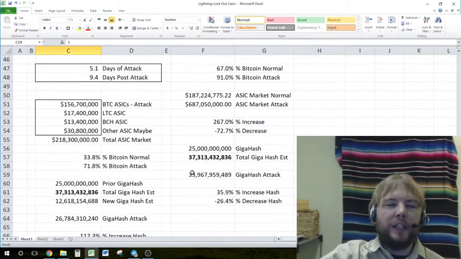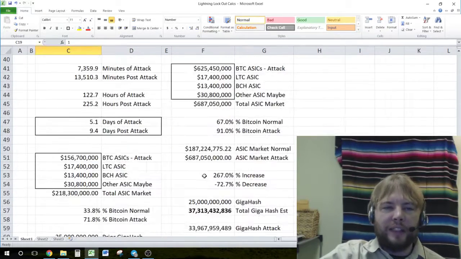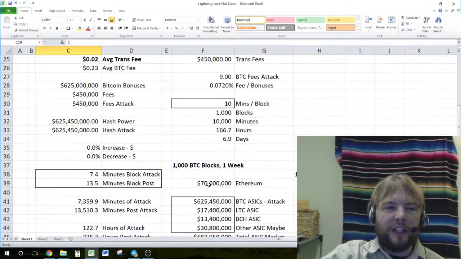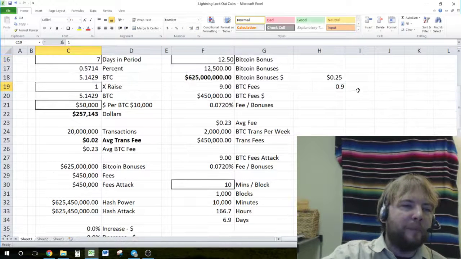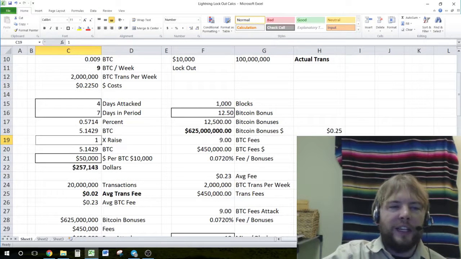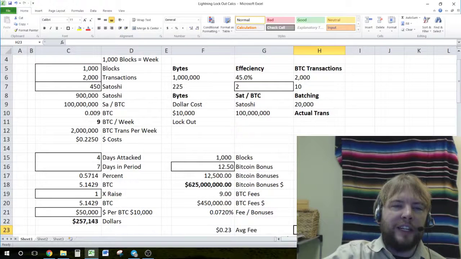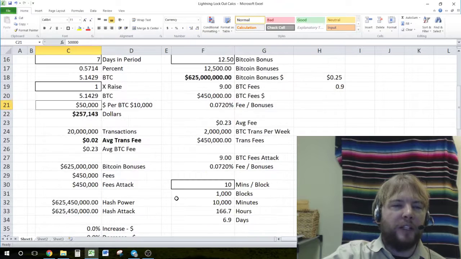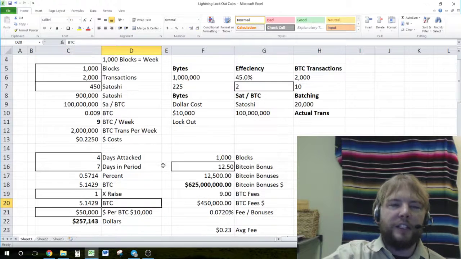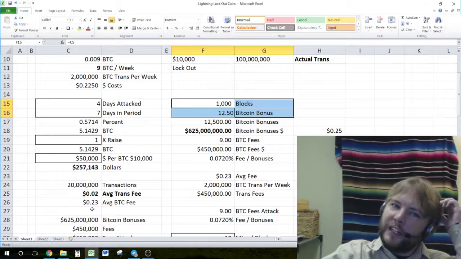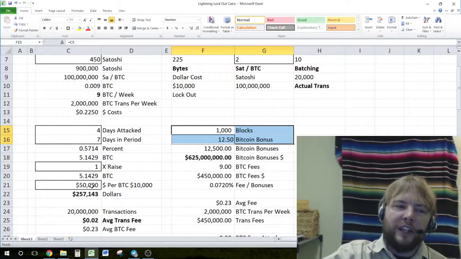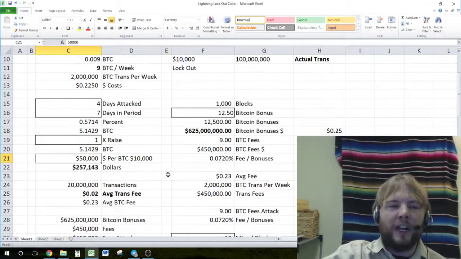Now, let's look at these calculations. Some of these don't equate perfectly, but let's say that the Bitcoin price goes to $50,000, and let's just say it's not under attack. How does that change the amount of GigaHash we have on the Bitcoin network? In this situation, we've not changed the Bitcoin bonus at all. We've not changed the amount of mining fee collection substantially, only to the minimum for the price.